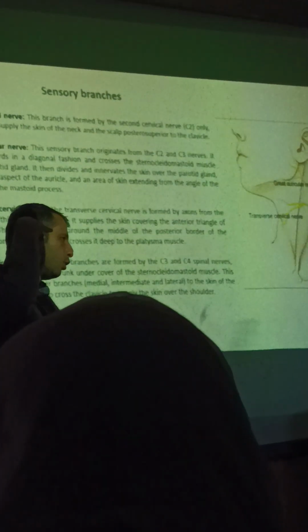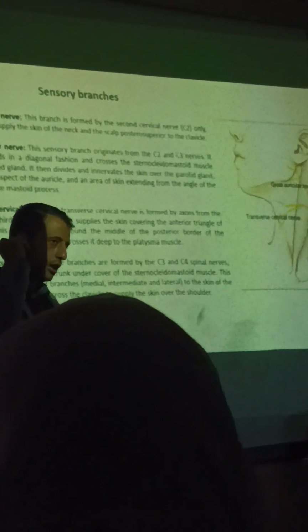Another branch is the auricular branch. The auricular branch innervates the inferior two-thirds of the auricle. Can you see? No. Inferior two-thirds of the auricle. All of this area is the auricle. Okay?